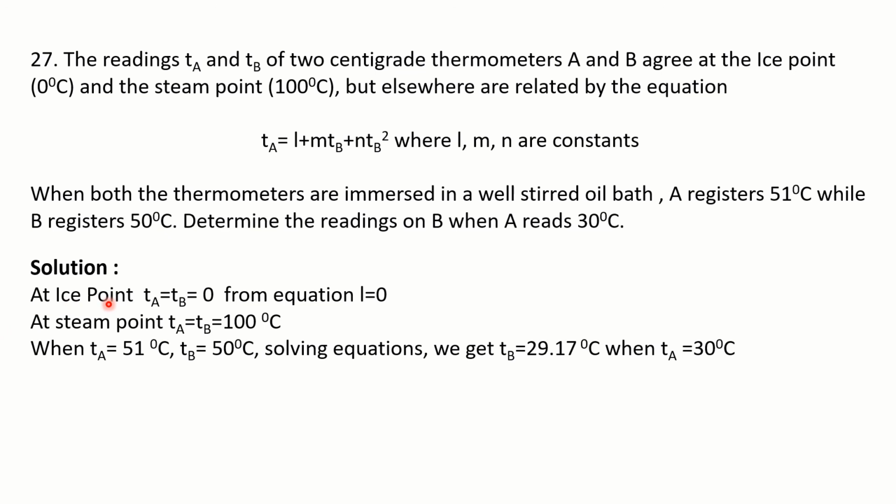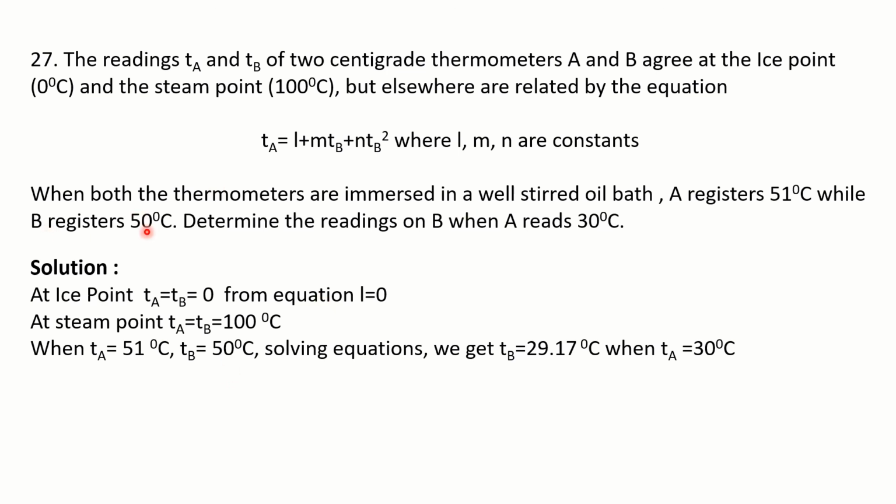At this point, both of them agree. So TA is equal to TB is equal to 0. If I put TA 0, TB 0, I'll get from the equation L is equal to 0. Again at steam point, both the thermometers agree. So TA is equal to TB is equal to 100 degrees Celsius. Now when TA reads 51 degrees Celsius, TB is reading 50 degrees Celsius.